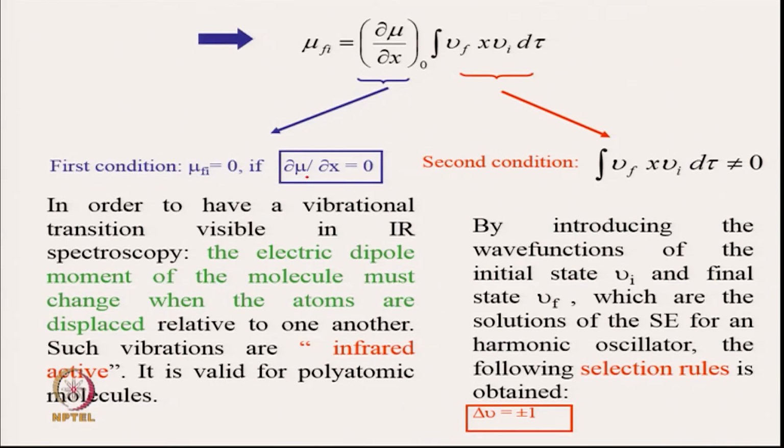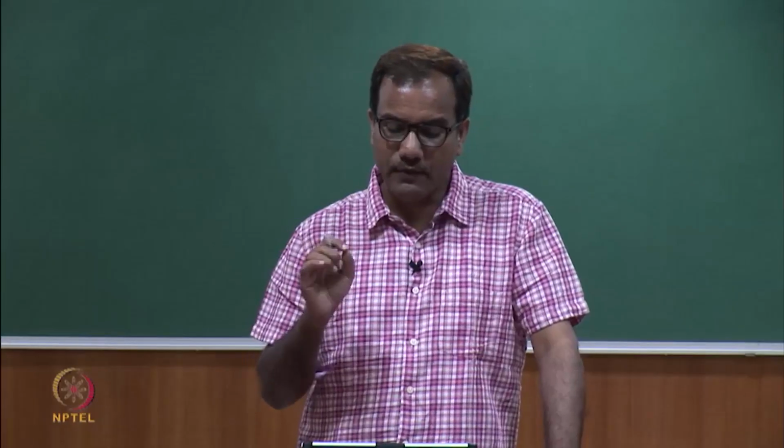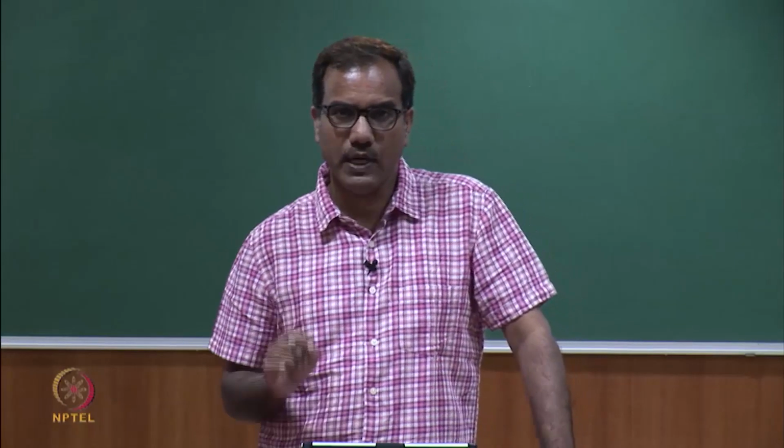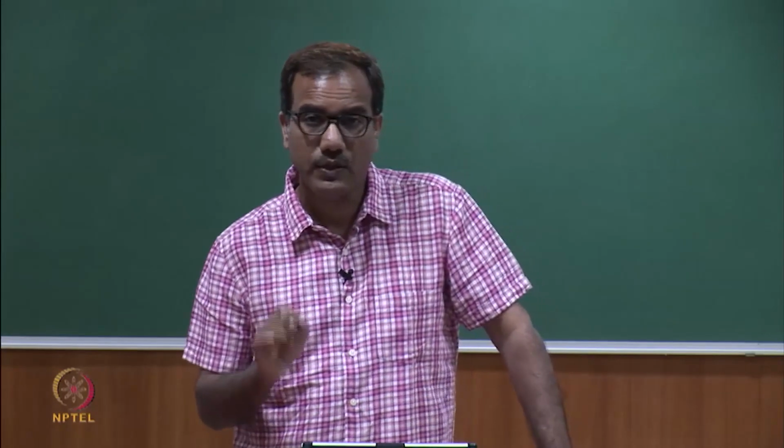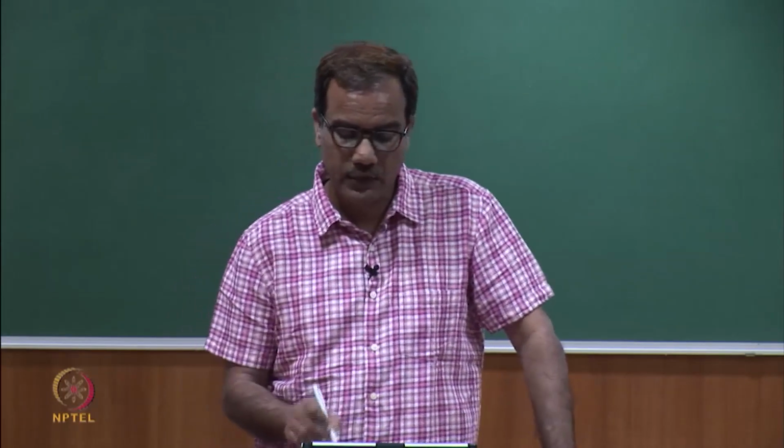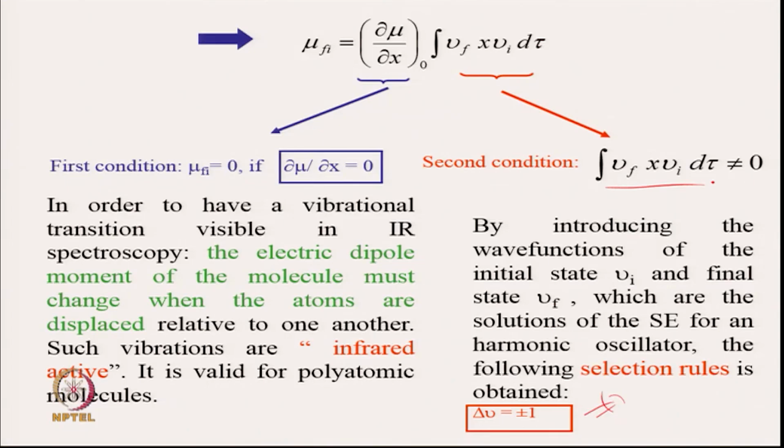The second thing is the second term, which should not be 0, and if we solve this, the selection rule we get is delta V equal to plus minus 1. For delta V equal to plus minus 1, this integral is not going to be 0, and that is why this is another selection rule.